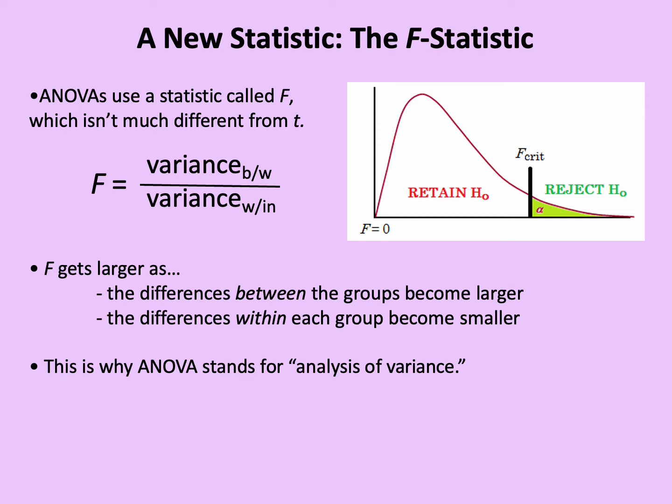We're going to do the exact same thing. We have a table of critical values, and we're going to compare the F statistic that we calculate to a critical value in the table. We're going to choose our alpha level of 0.05 and use degrees of freedom to find that value, and that's going to tell us whether our difference is significant or not.